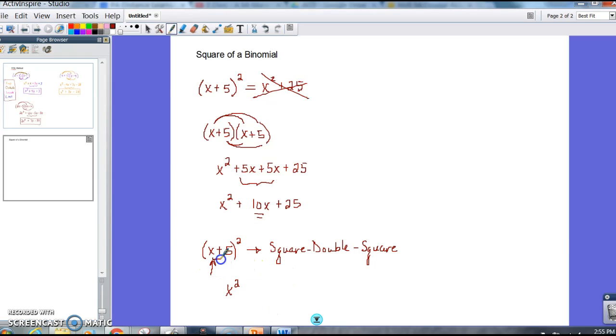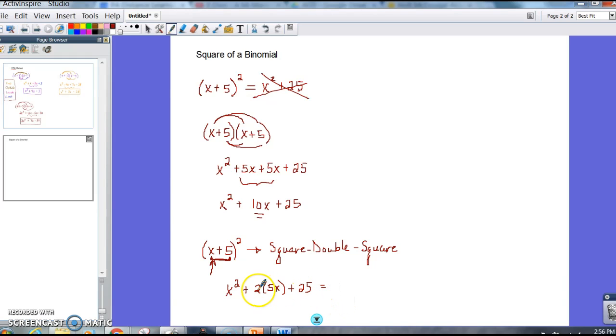Then you're going to multiply the two terms together and then double that answer. So 5 times x is 5x, and then I'm going to double that, so 2 times 5x. And then the last square means to square the last term, which is 25.